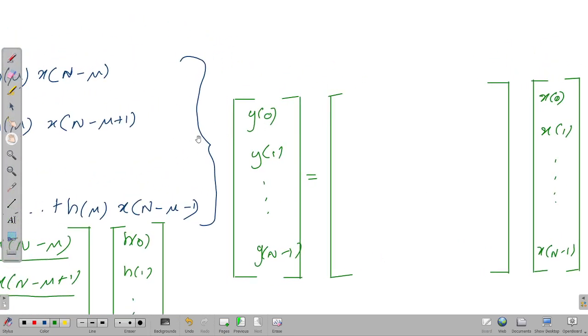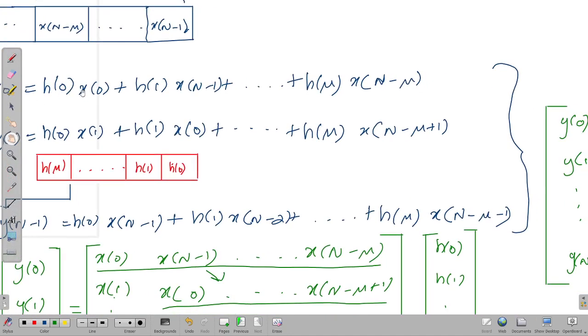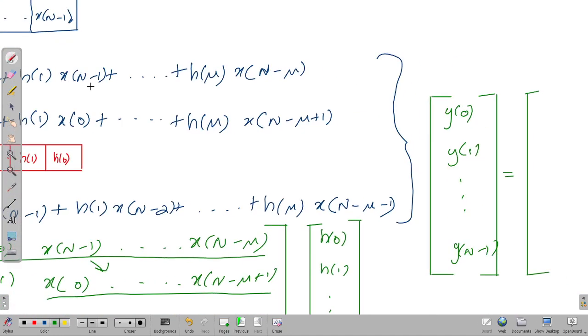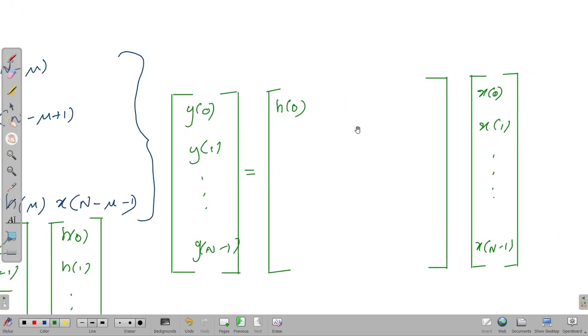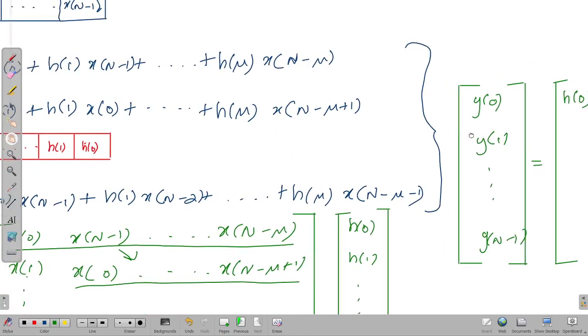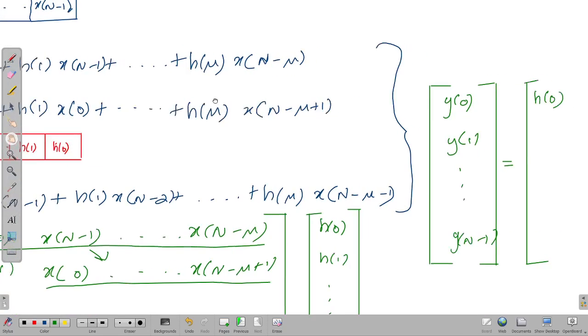We'll see y of 0. Y of 0 is x of 0 getting multiplied by h of 0. So you have h of 0. X of 1 is not in this picture.